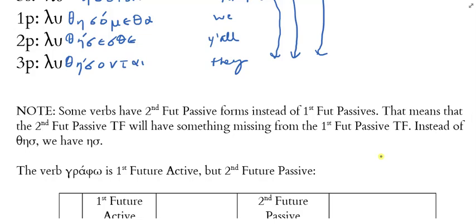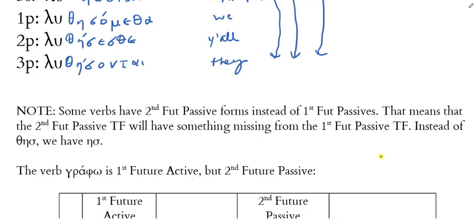Now, as with the aorist passive, some verbs have second future passive forms instead of first future passives. How will you know if a verb will use a second future passive formation when you want to form it? It'd be like when you notice with the aorist. Exactly. Is there such a thing as a first and a second future active differentiation? No. That's only a differentiation in the aorist. Aorist active can be first or second aorist active, right?